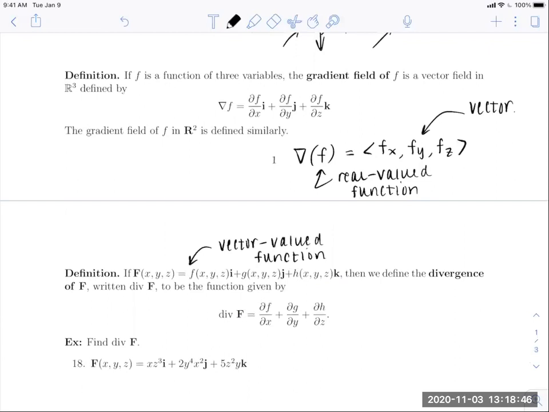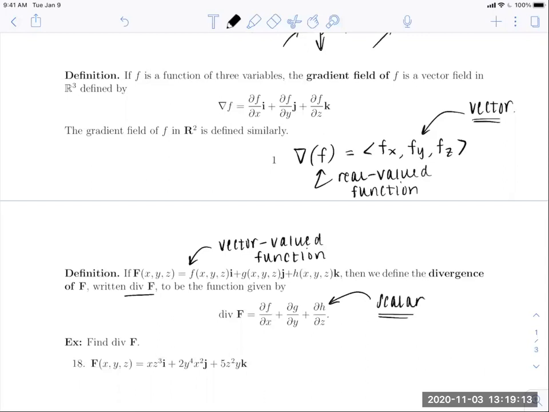That's written with div in front of f. And that is the function given by the partial of the x component function, which we've called f, with respect to x, plus the partial of the g component function with respect to y, plus the partial of the h component function with respect to z. So what is this? This is a scalar.